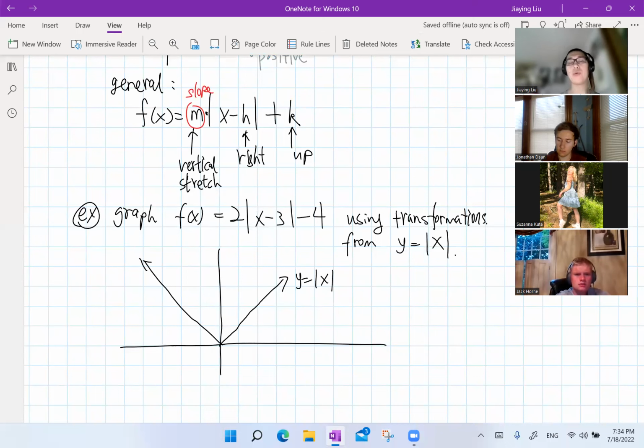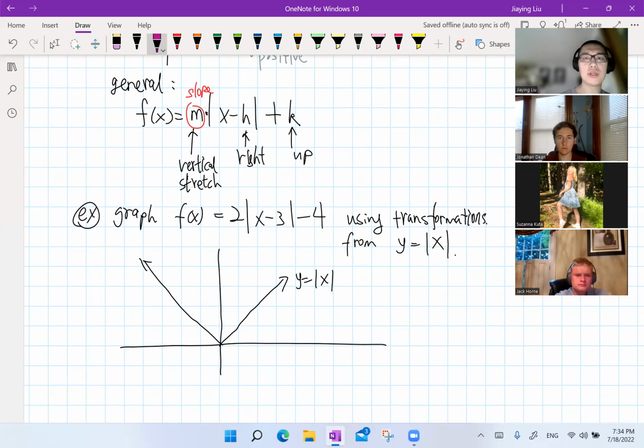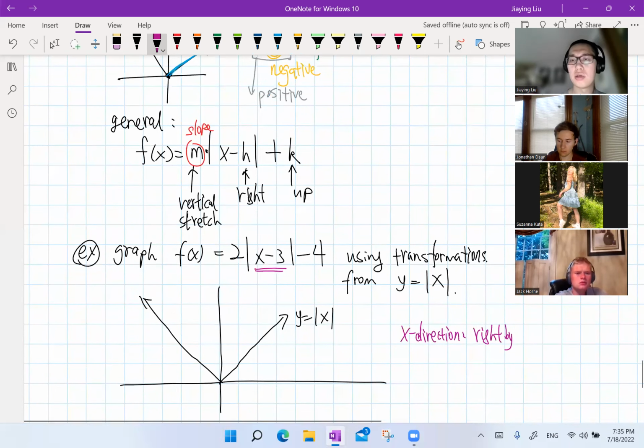And what can we do to transform it to get f of x? Well, the formula says the first thing we're going to do to the x is subtract 3. When we subtract 3 from the x, in the x direction, we're going to shift it to the right by 3. So that's what x minus 3 says.